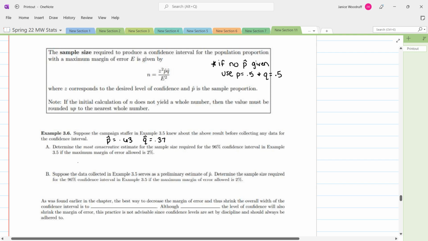we would do 0.63 times 0.37 times, what was our Z value for 96%? 2.05. Okay, so times 2.05 squared over the margin of error squared, which would be 0.02 for the 2% squared.